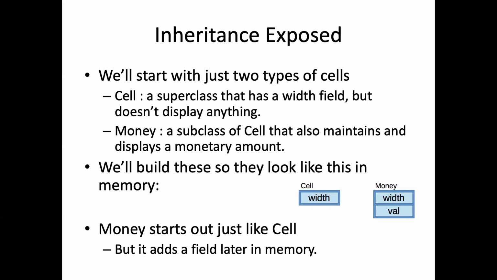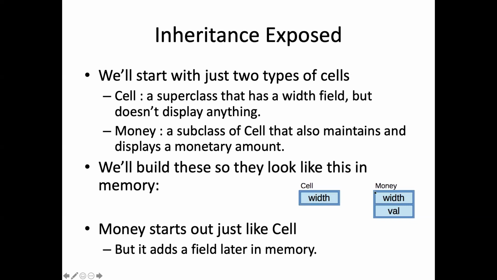We're going to design these two structs so that anything they have in common is at the start of the struct in memory. If you looked at a cell, if you looked at the superclass, well, we already said it has a width field. So that's the only field it's going to have for now. Well, money needs to look just like a cell, maybe with some other stuff.